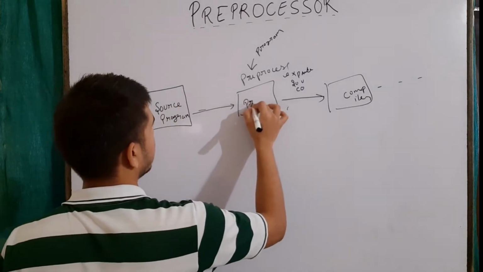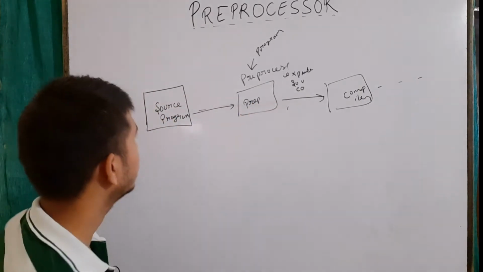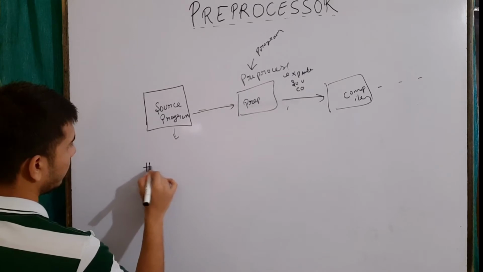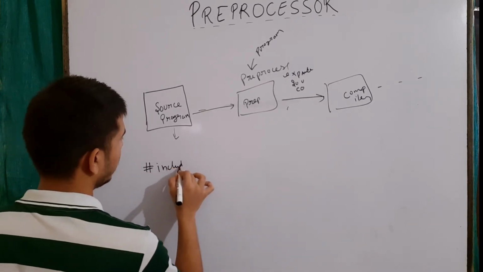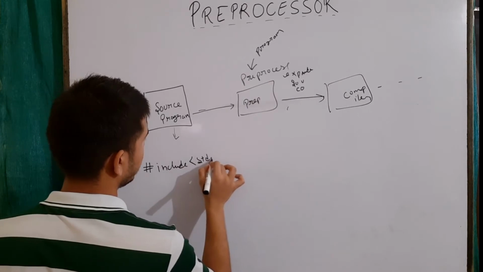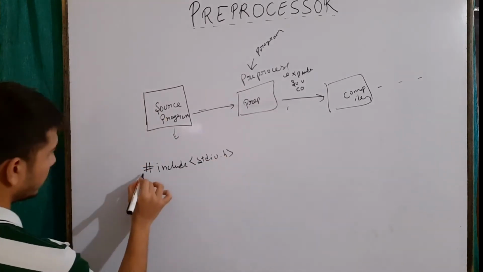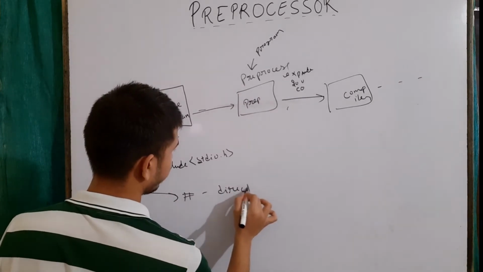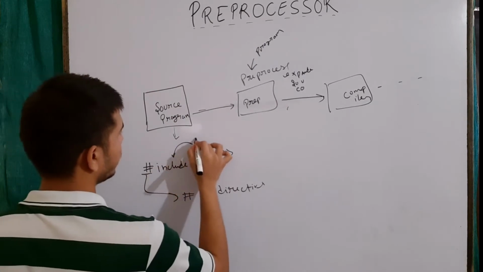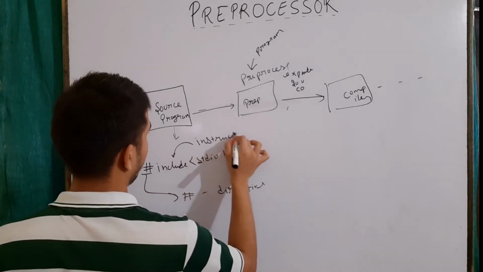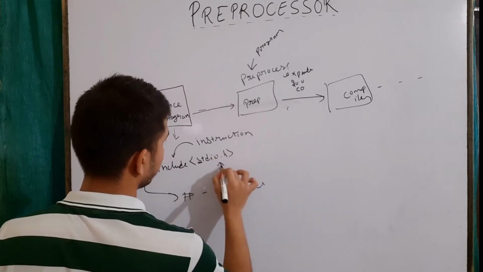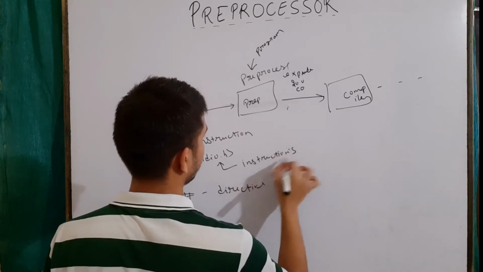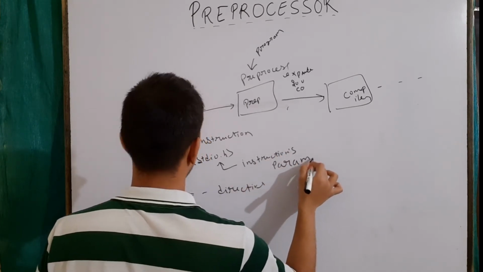This is our preprocessor. So what does a preprocessor do, that's the question, right? In a source program we have seen in general that we use #include <stdio.h>. This is known as a directive, and this we can say is an instruction, and this is the instruction's parameter.